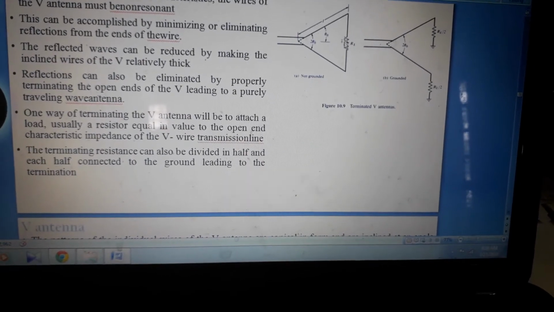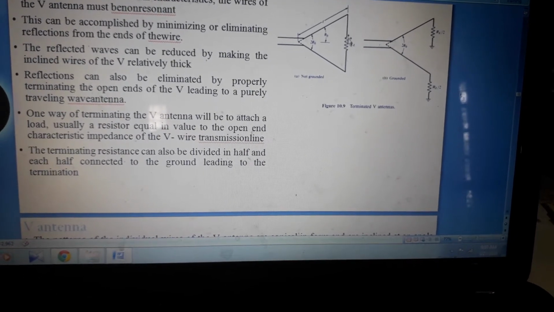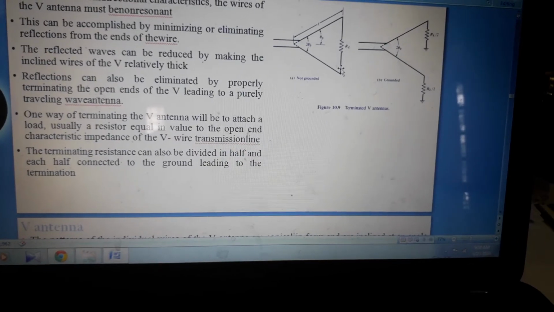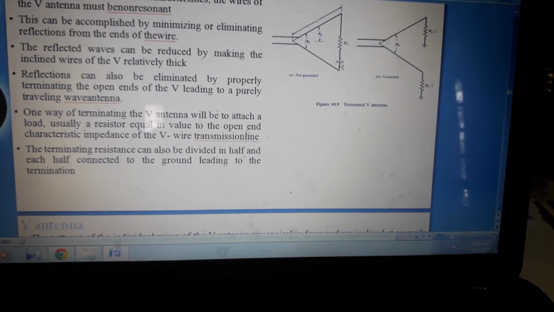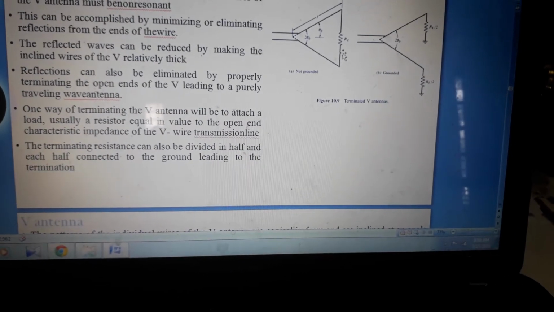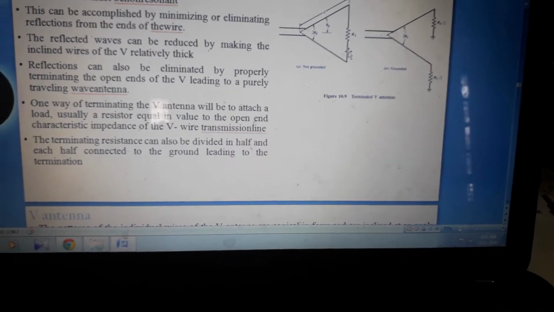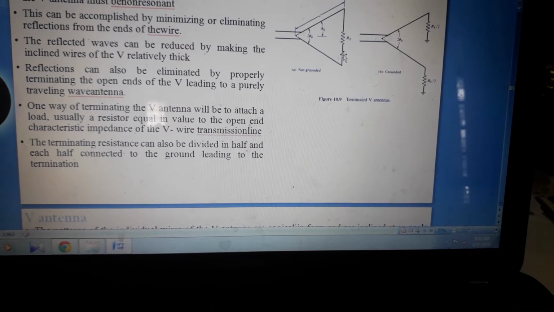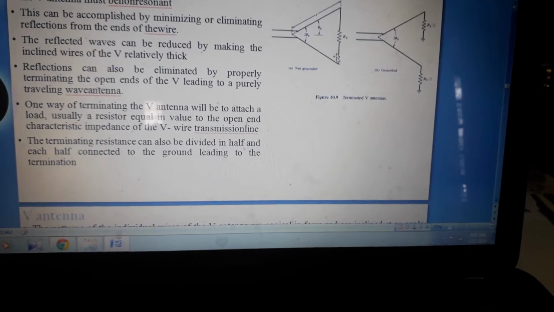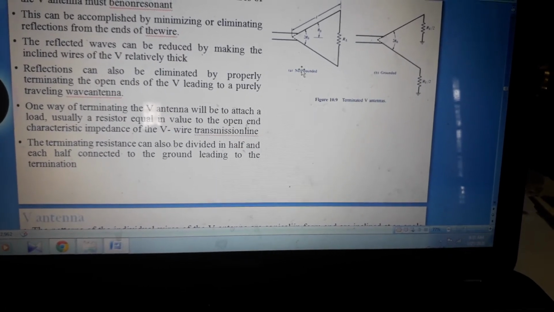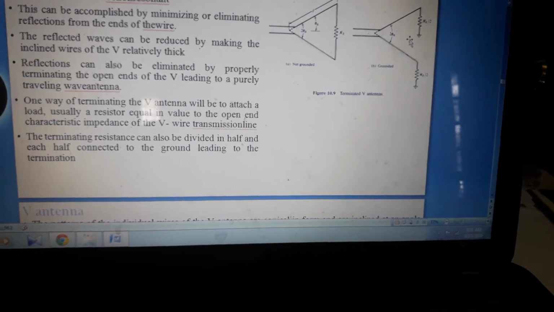By terminating the open ends of this V, we get a purely traveling wave antenna. One way of terminating the V antenna is to attach a load, usually a resistor equal in value to the open end characteristic impedance of the V wire transmission line. This terminating resistance can also be divided in half. That is the case here.